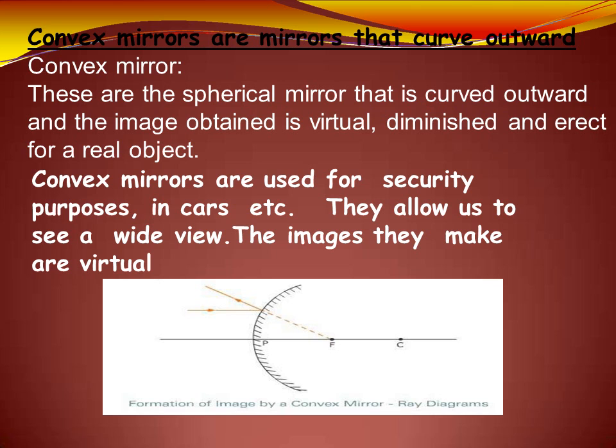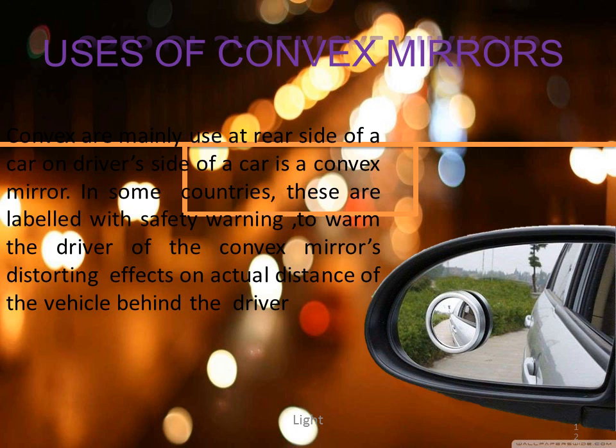So, the use of the convex mirror, where is it widely used? Convex mirrors are used as the rear side mirror on the driver's side of a car. In some countries they are labeled with safety warnings to warn the driver of the convex mirror's distorting effect on the actual distance of the vehicle behind the driver.